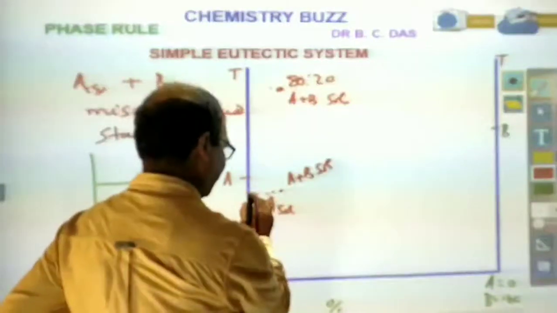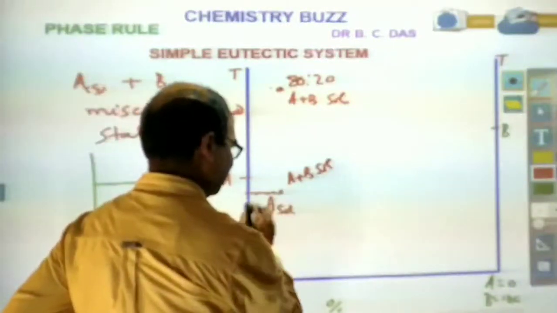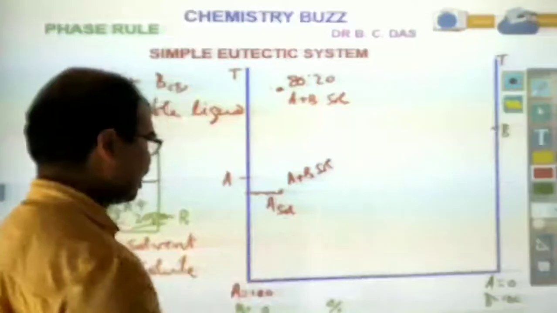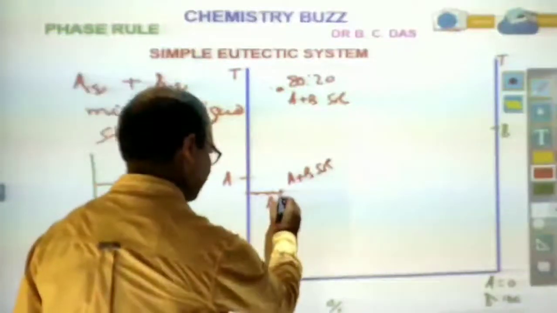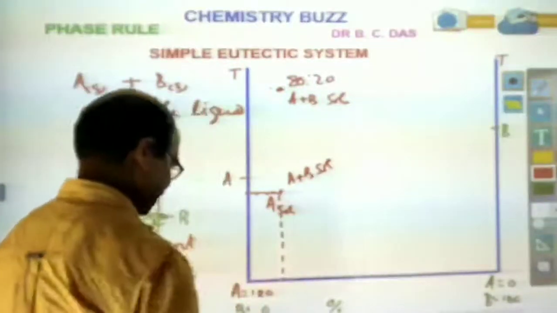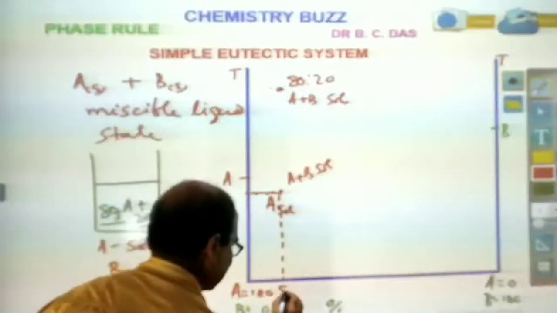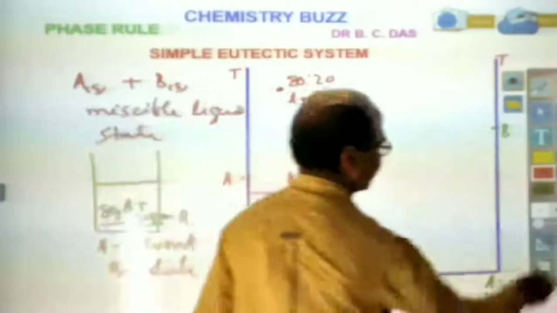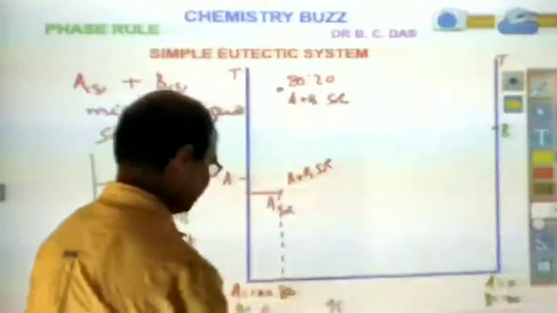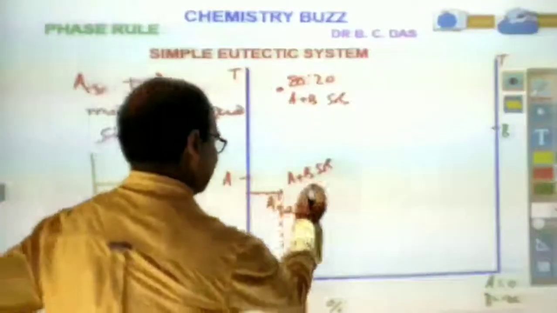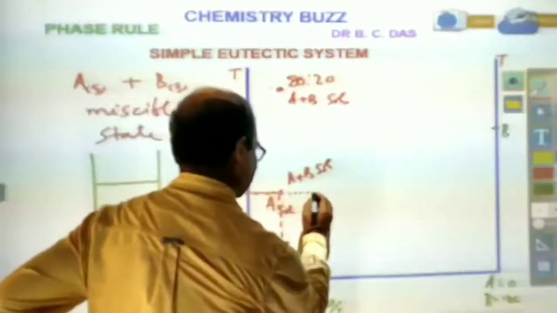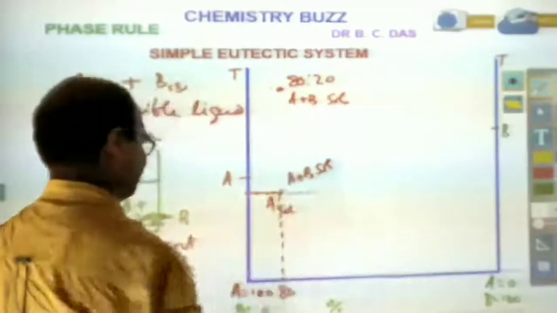So at this temperature and this point, the mole fraction of A is 80%. So in the solution, the composition is changed.